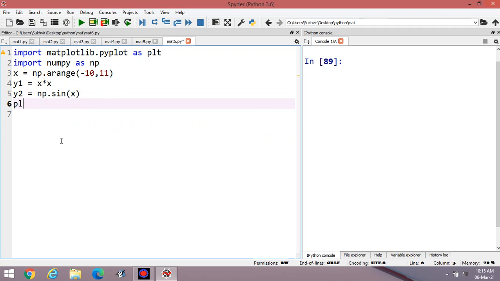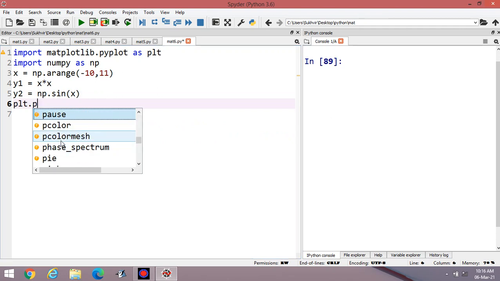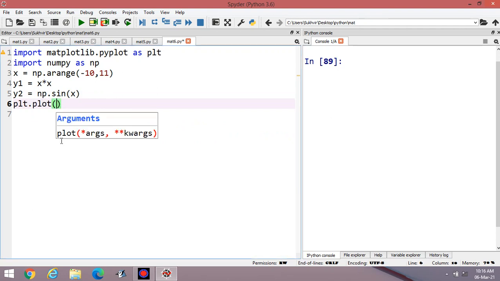To represent the graph, we can write like this: plt.plot(x, y1) and let the color be red.